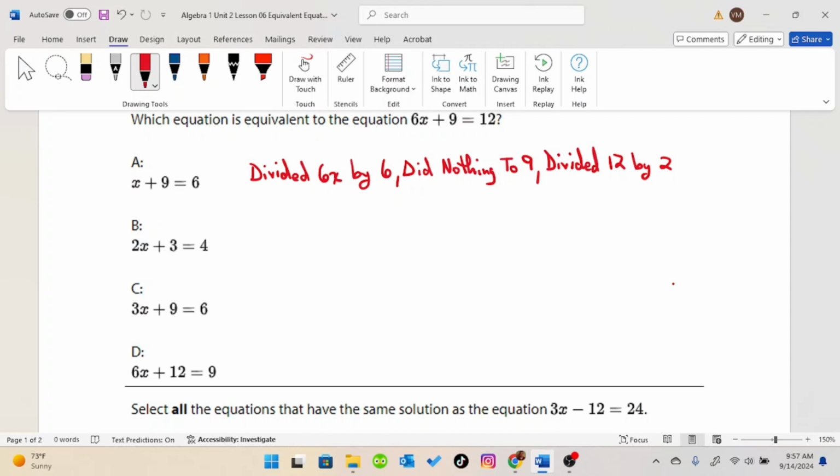Now we can look at choice B. To go from 6x to 2x, they divided by 3. To go from 9 to 3, they divided by 3.